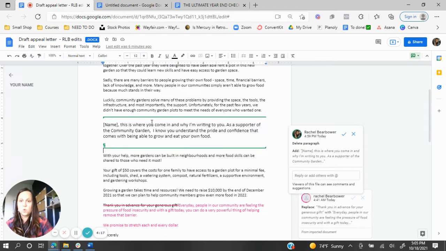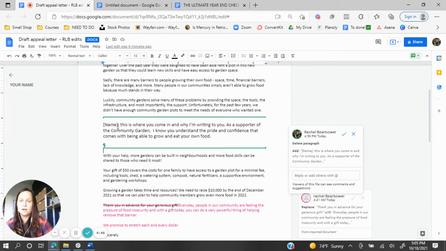All right, so this next paragraph is something that I added, because one thing that you want to do is make sure that you are connecting the donor to the letter. So using your CRM system, hopefully you can personalize these letters. So whoever it is, Grandma Peggy, this is where you come in and why I'm writing to you.